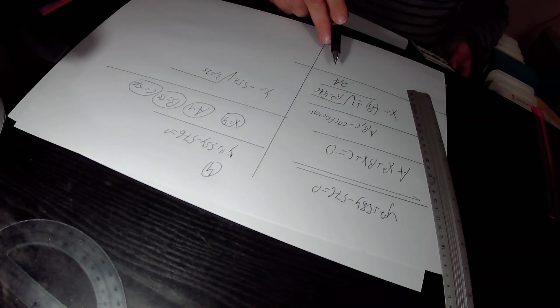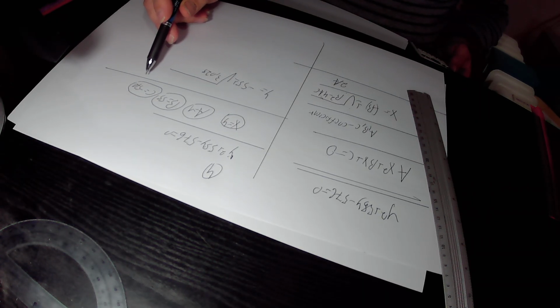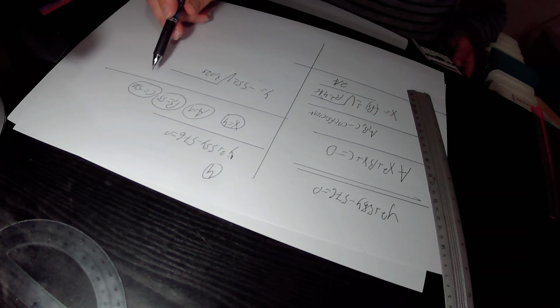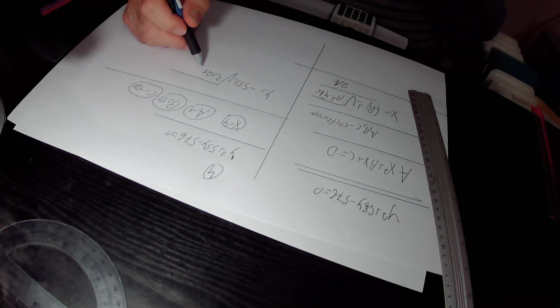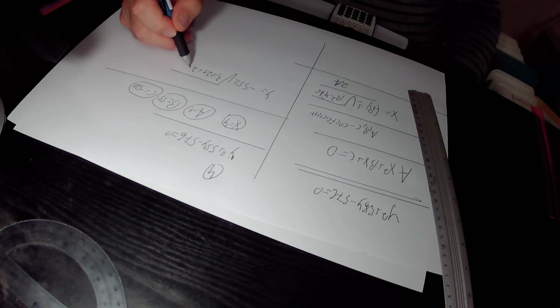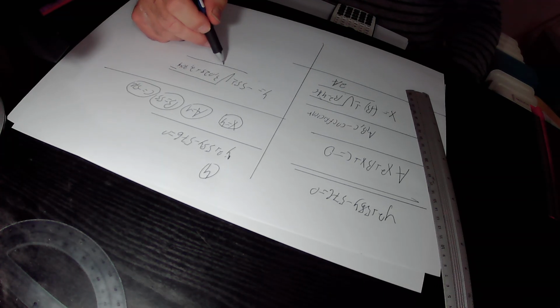This is b squared minus 4 times a times c. So minus 4 times a, which is 1, is minus 4, times minus 576, which equals 2,304. Divided by 2a. A is 1, so 2a is 2 times 1, that is 2.